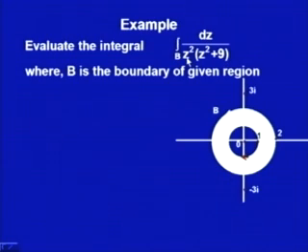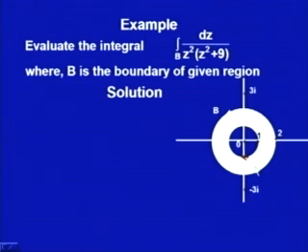You see, this function is not analytic at z equal to 0 and z equal to plus minus 3i. Here z equal to 0 is the origin, and plus minus 3i are here. The boundary of this region is the outer boundary and this inner boundary in the negative sense. So, all these points where the function is not analytic are outside this region.